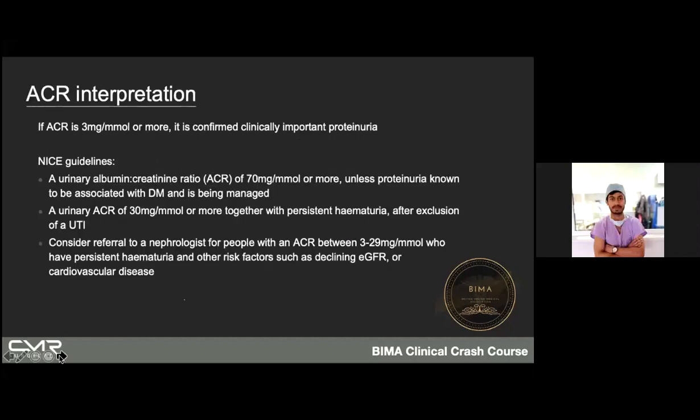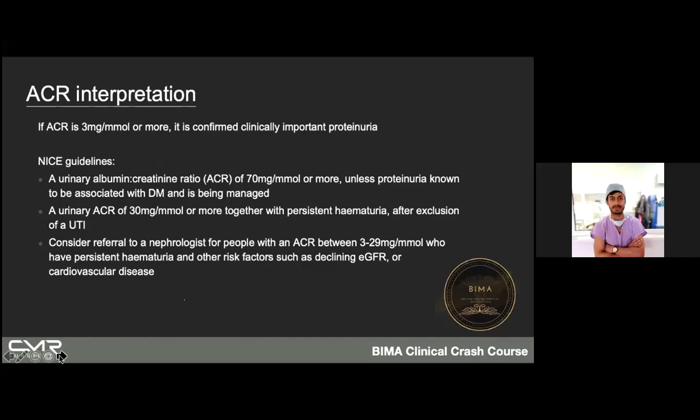So if the ACR is 3 milligrams per millimole or more, it is confirmed clinically important proteinuria and is highly suggestive of diabetic nephropathy and also chronic kidney disease.